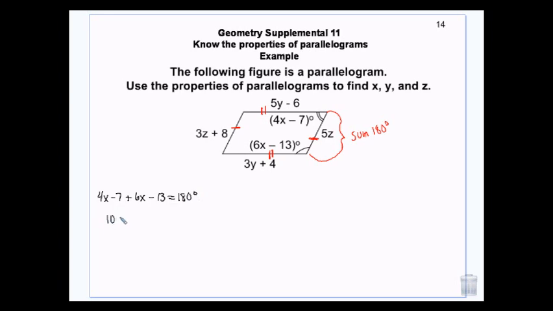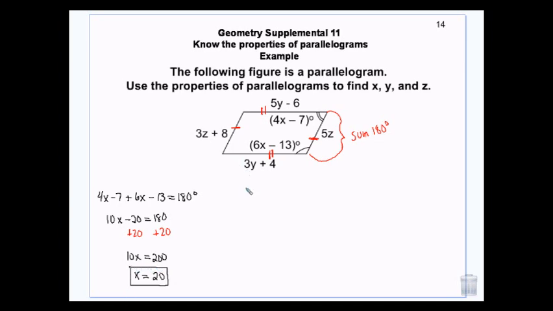So I get 10x minus 20 is equal to 180. Add that 20 to both sides. So you get 10x is equal to 200. So x is equal to 20. So there's x.